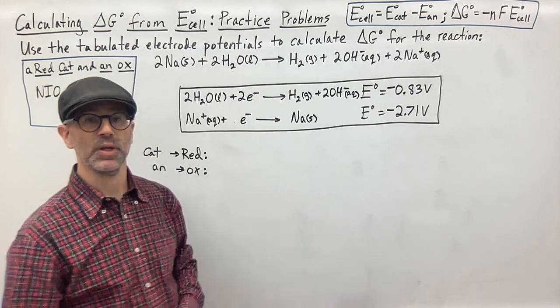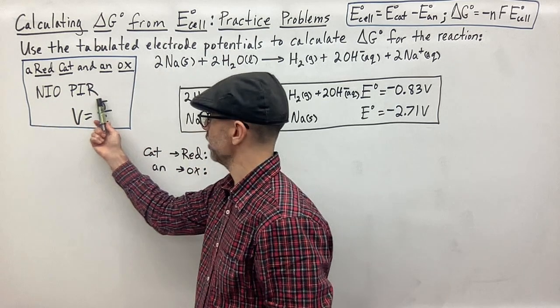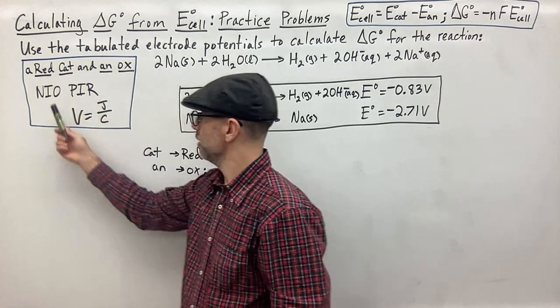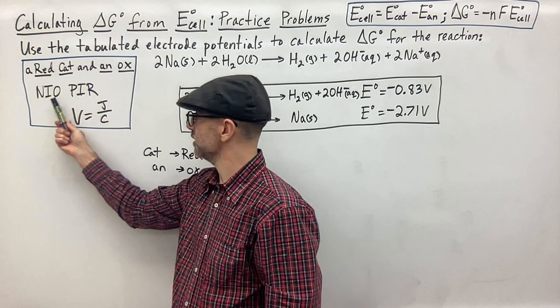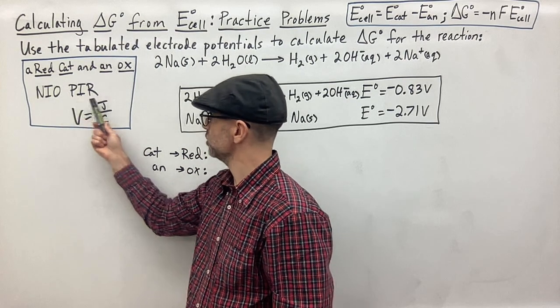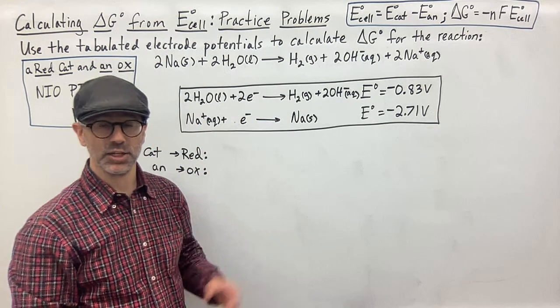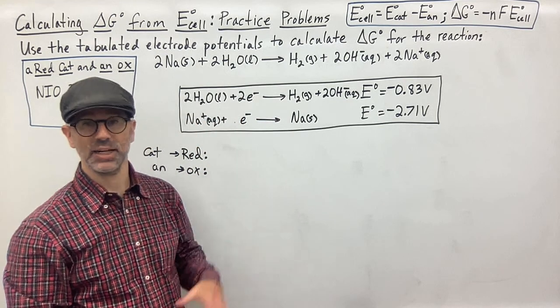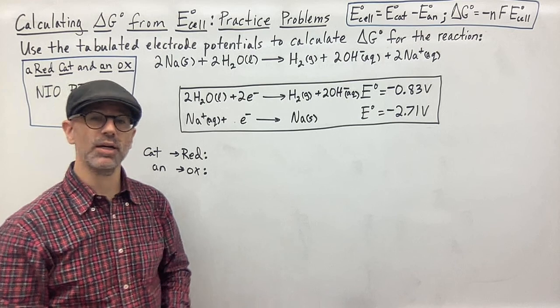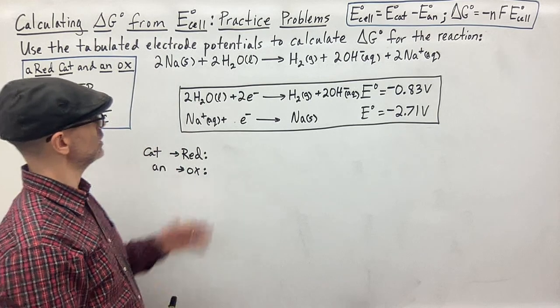So this is what this mnemonic device means: Neo per. More negative is oxidation. More positive is reduction. So the more positive you are, the more likely you're going to undergo reduction. The more negative you are, or the less positive you are, the less likely you're going to undergo reduction. Okay, so let's get into this.